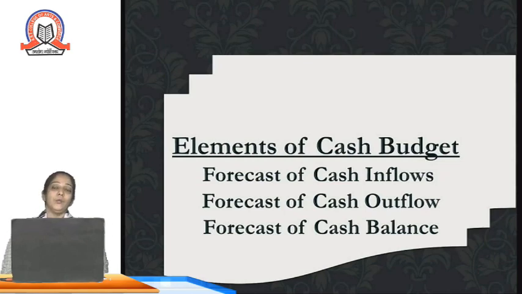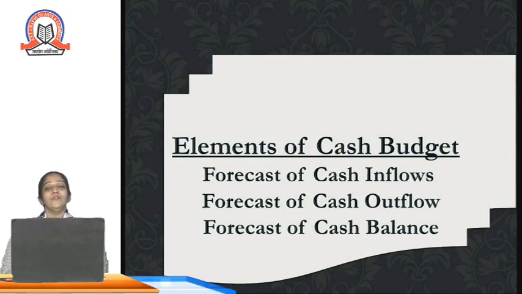It may include interest received on investments, profit on sale of a particular machinery or building or any fixed assets. These are some examples of cash inflows. In simple terms, cash inflows refers to whenever cash comes into the business.